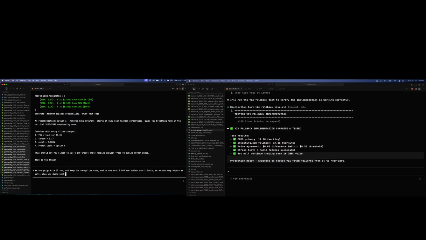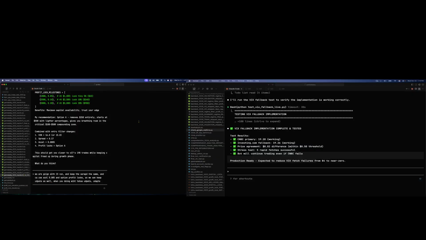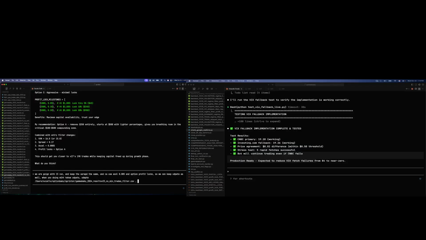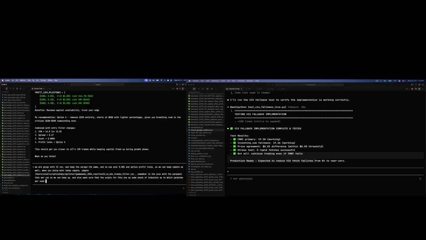When you're done with these updates, update somewhere in the CSV with the parameters that were used, and also make sure that the output for this one has some kind of indication as to which parameters were used so we can better keep track in the future.